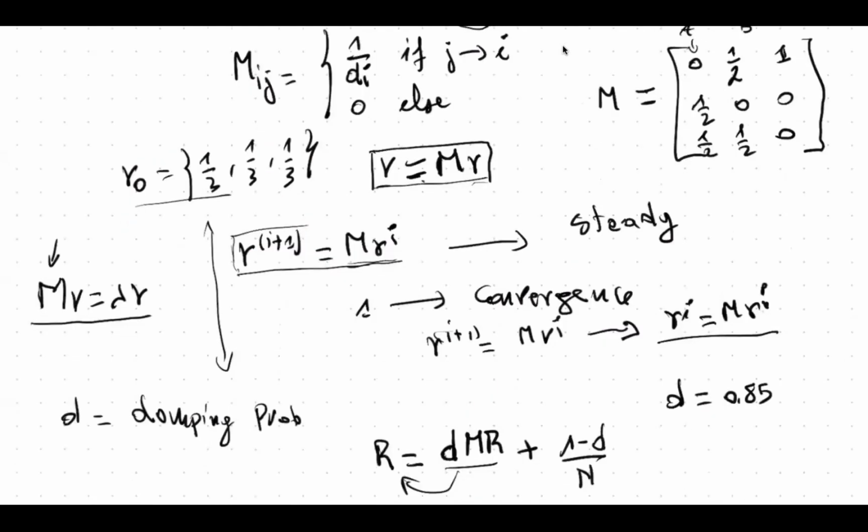So you choose some random probability distribution. Then what do you do next?